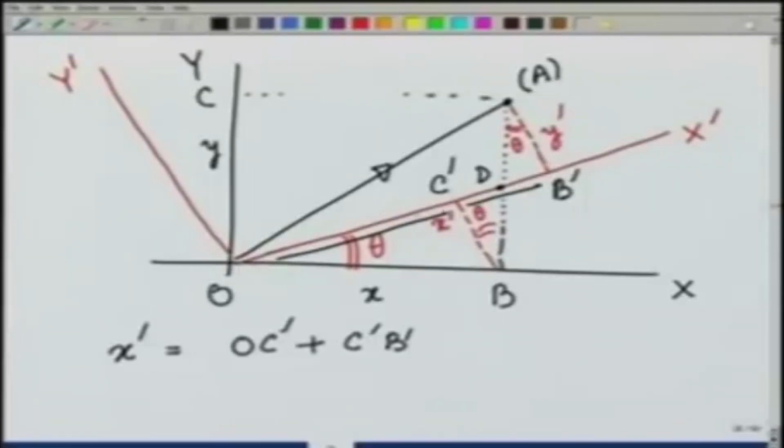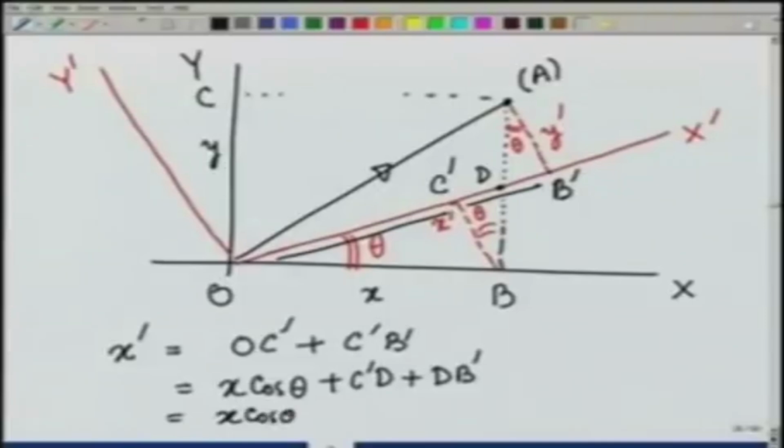OC prime is nothing but x cosine theta. So, this is going to be x cosine of theta plus C prime B prime is nothing but C prime D plus D B prime. So, this is nothing but C prime D plus D B prime, which is equal to x cosine of theta.